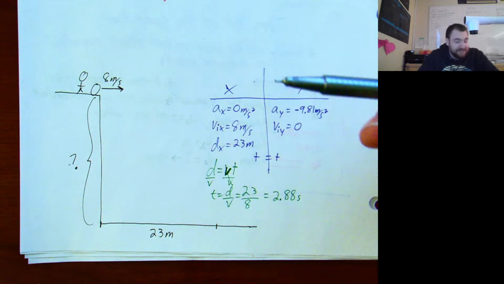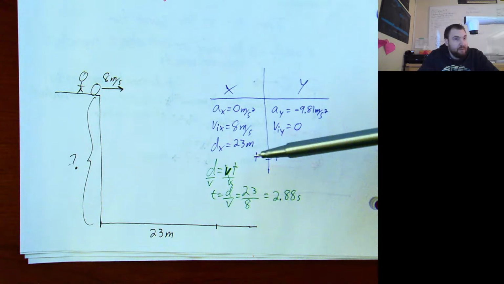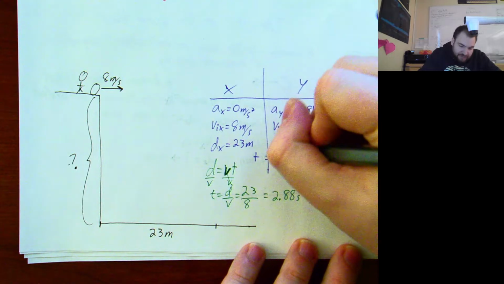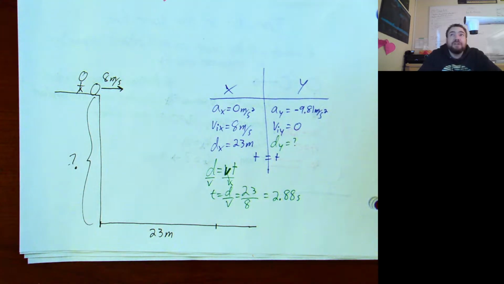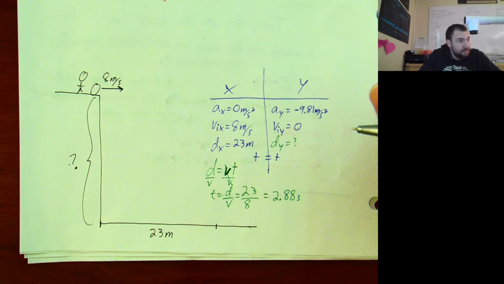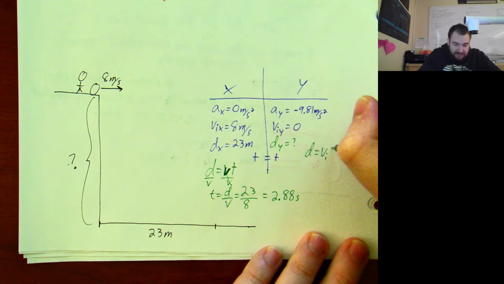And then, as Luis already said, we're going to take the time here now, because we know they're equal horizontally and vertically, we're going to take this and plug it into our information over here. I'm looking for dy, which kinematic equation are we going to use here? d equals vit plus half at squared.